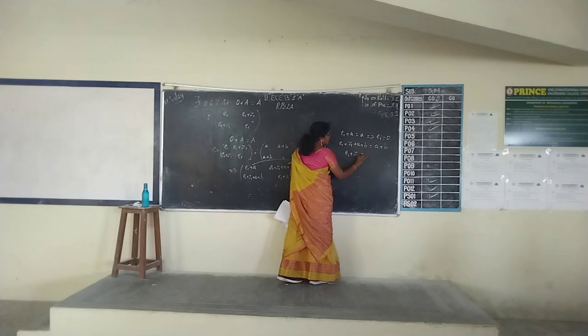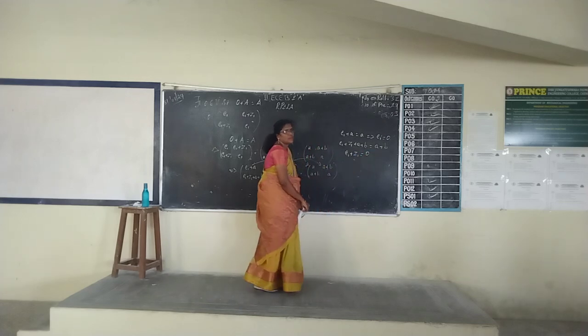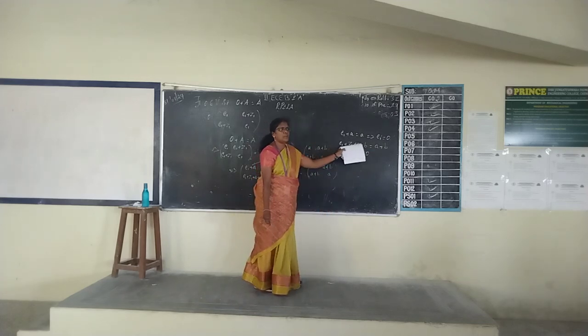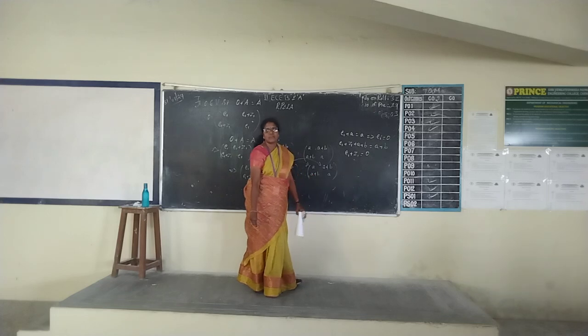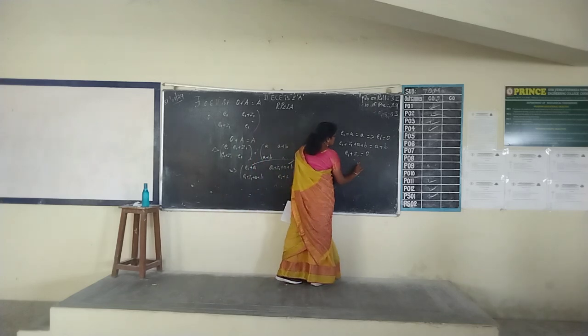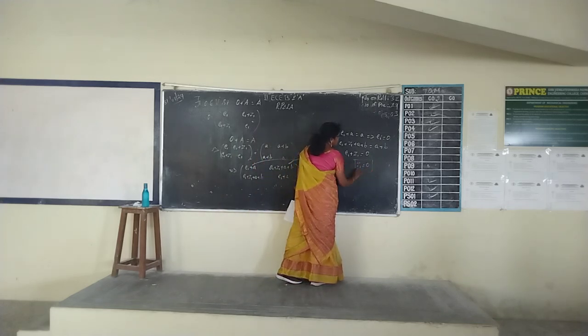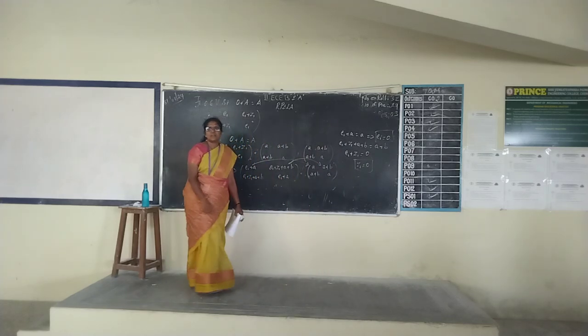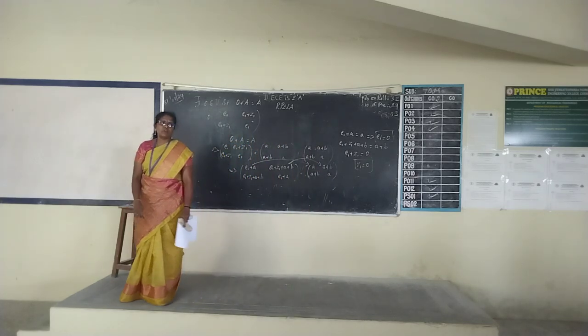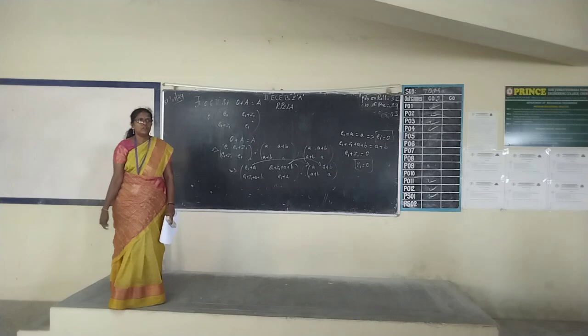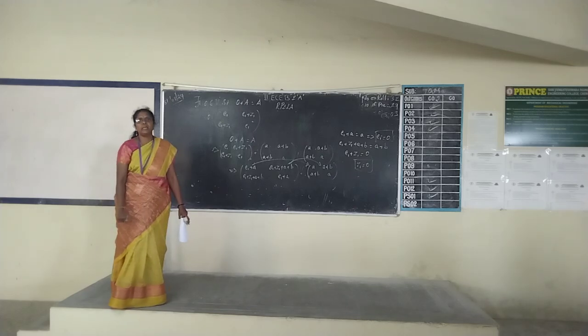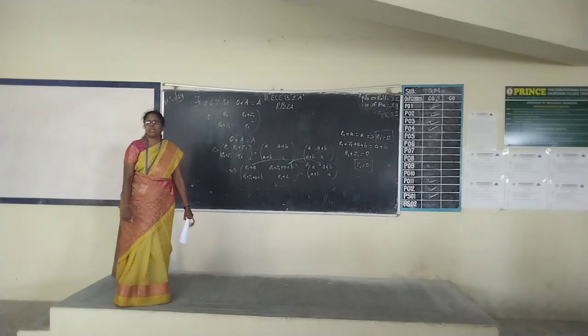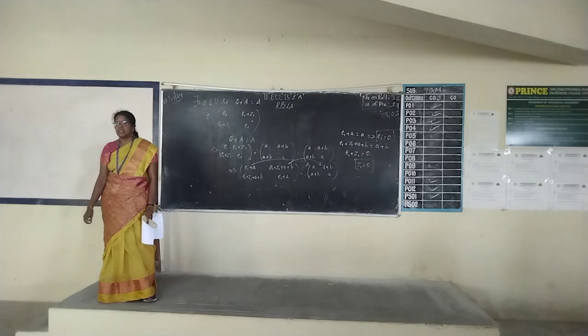E1 plus Z1 equal to 0. But already you got E1 to be 0, so what will be Z1? 0. So both E1 and Z1 should be zero. Then only it will become our identity.